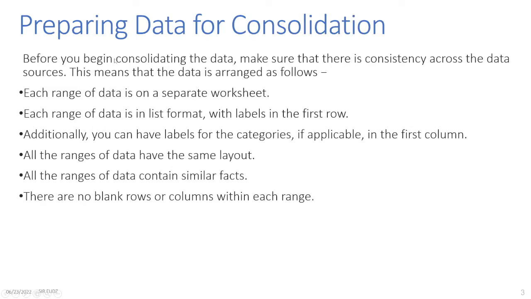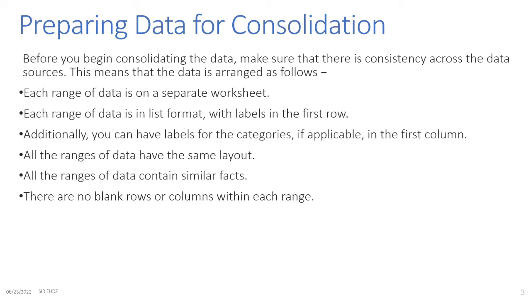Preparing data for consolidation. Before you begin consolidating the data, make sure that there is consistency across the data sources. This means that the data is arranged as follows. Each range of data is on a separate worksheet. Each range of data is in list format with labels in the first row.